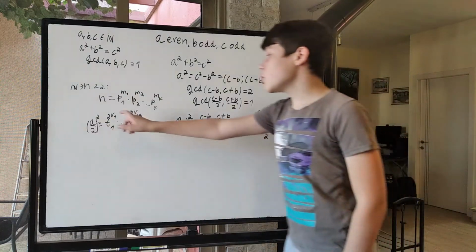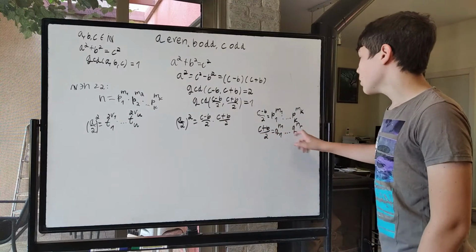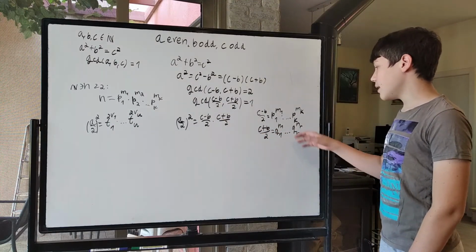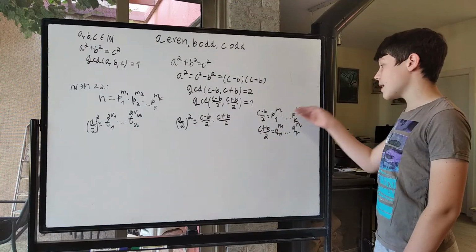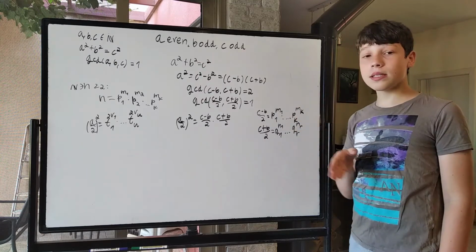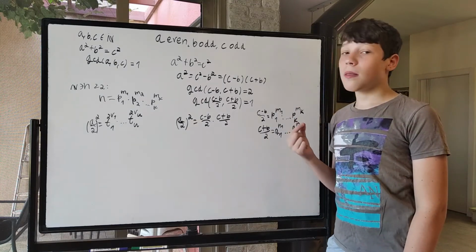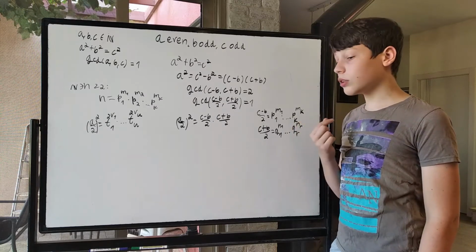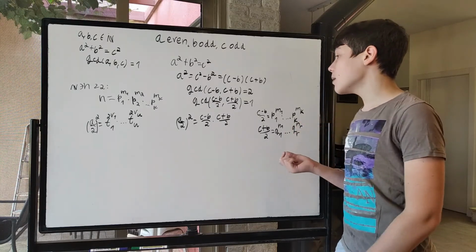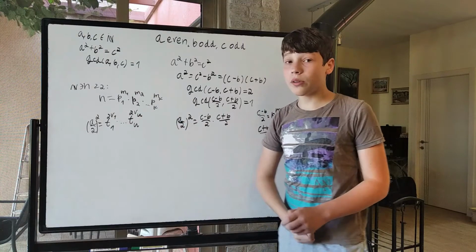Which means 2v1 up until 2vu have to represent m1 until mk and n1 until nr. Now remember, the powers are natural numbers, at least one, meaning that these are even natural numbers.